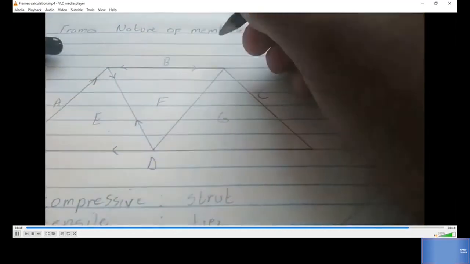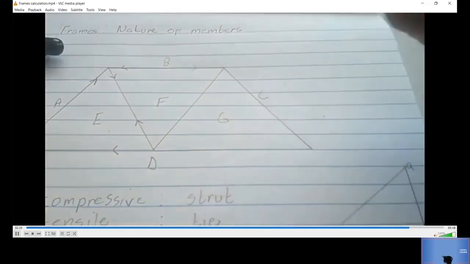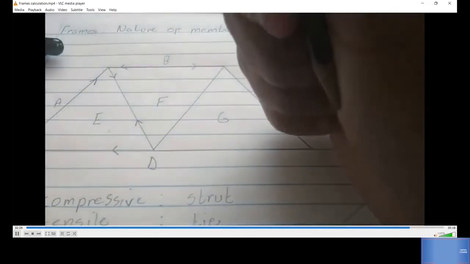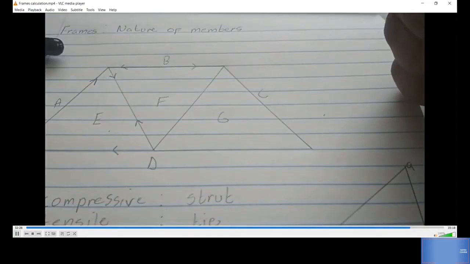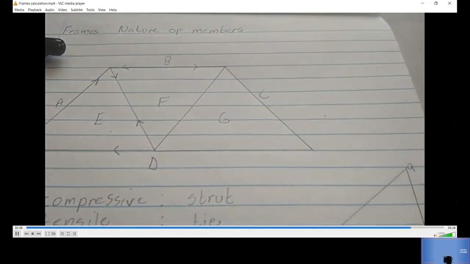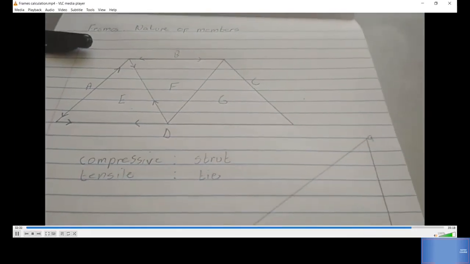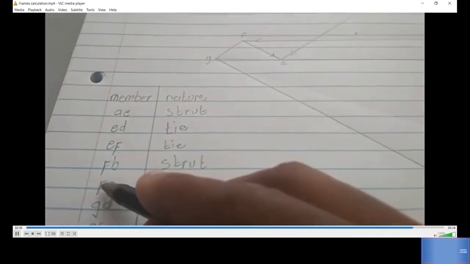Okay, so we take that direction, put it right there where we were standing, and then we balance it. Okay, so what is it doing? Well, it's trying to pull itself apart. That means it's experiencing compressive forces, thus making it a strut. A strut.